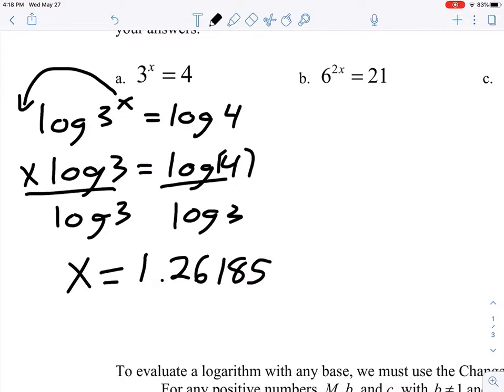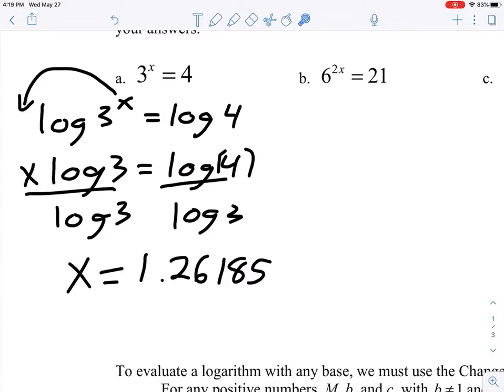Okay, so if I plug that back in, and I have the number right there in my calculator, if I go 3 to the second answer, I just get 4. If you plug in this number 3 to this, you're going to get like 3.99999, something like that.